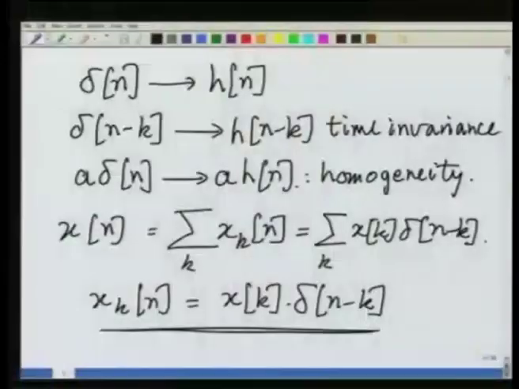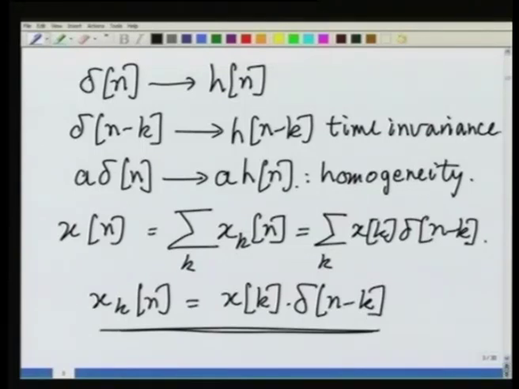Right now, I am concerned with its being additive. Because it is additive, instead of applying the entire signal x n to the input of the system, I can just apply each component part, namely each x k of n, separately to the system and see the respective outputs.